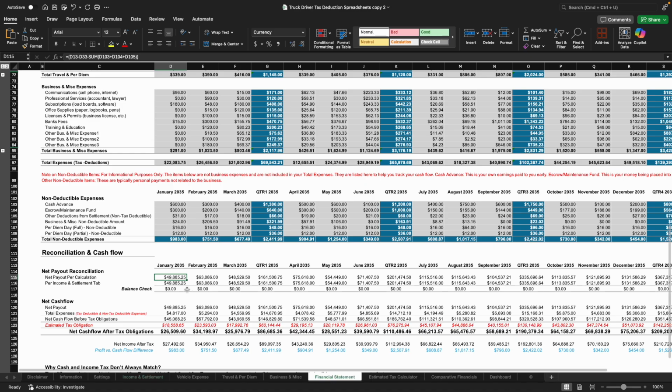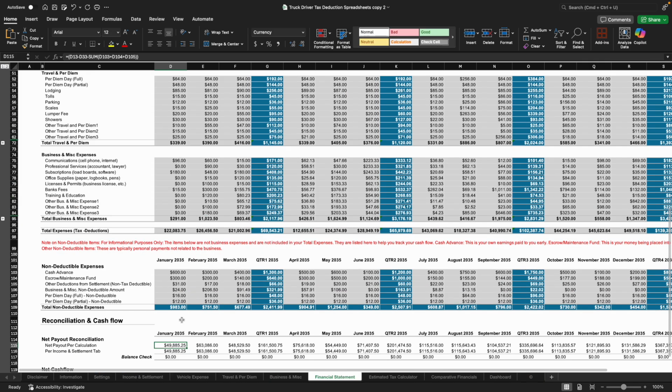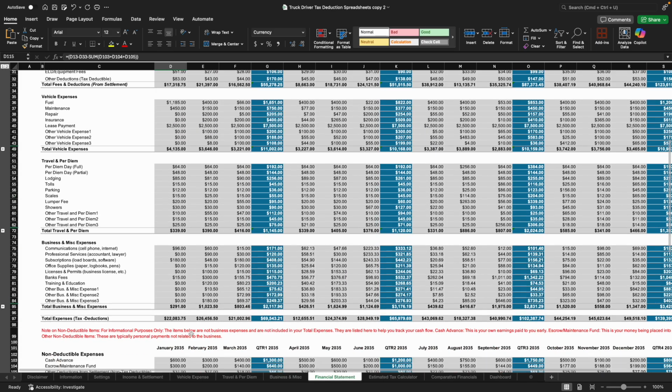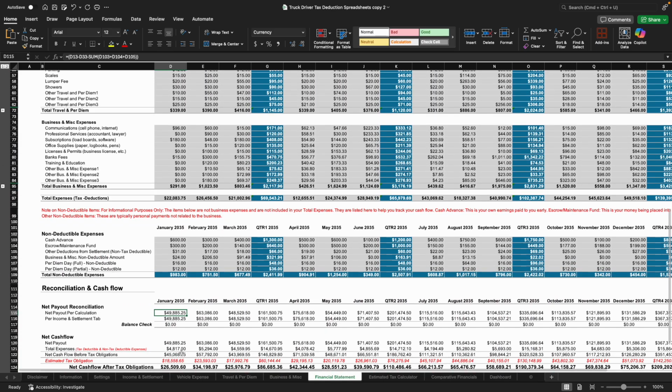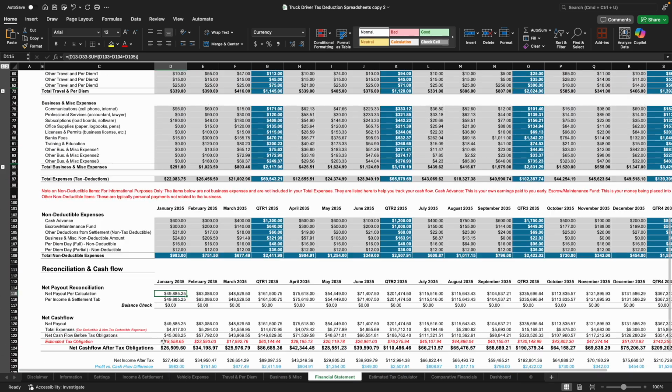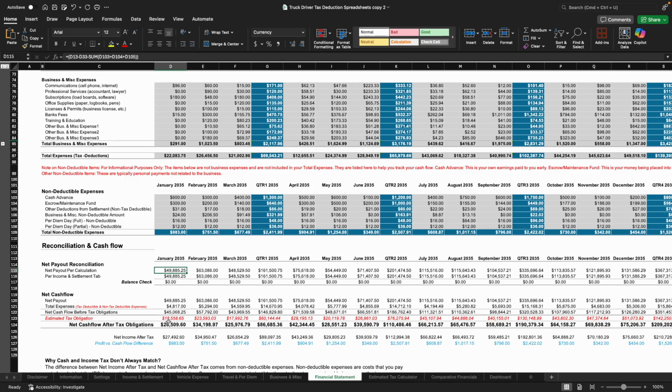I wanted to do this because I want to make sure that there's nothing wrong with this report. As you can see up here, we started out with gross revenue, right? This amount is much larger than your payout. That's the difference. This one is just total revenue, and this one is net paid out after all your deductions.